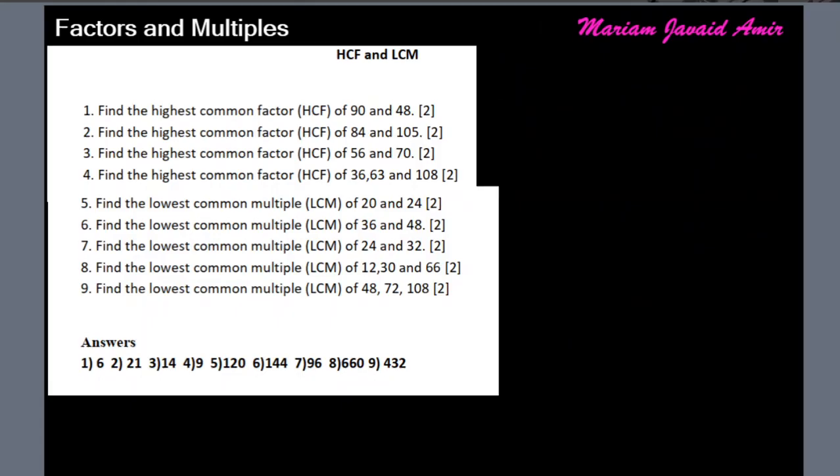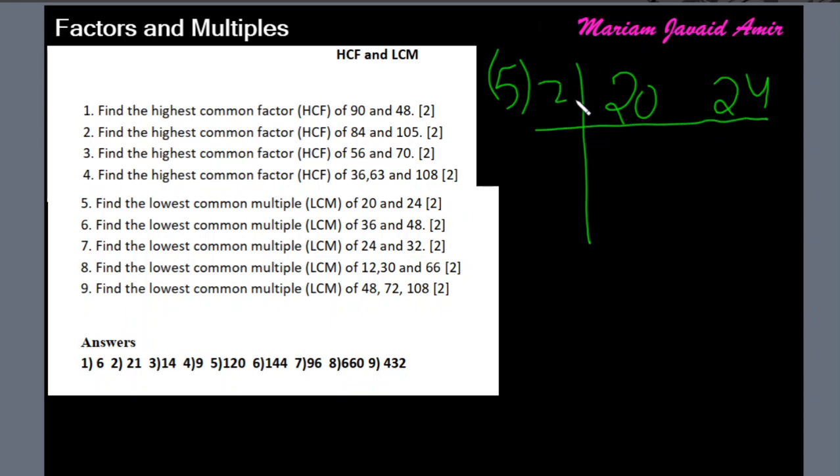Okay, let's do a few questions on LCM now. Question 5, let's start with that. 20 and 24. So 2 is the common number that divides both of these, the smallest common number, so this makes 10 and this makes 12, and then 2 again, so this makes 5 and this makes 6.